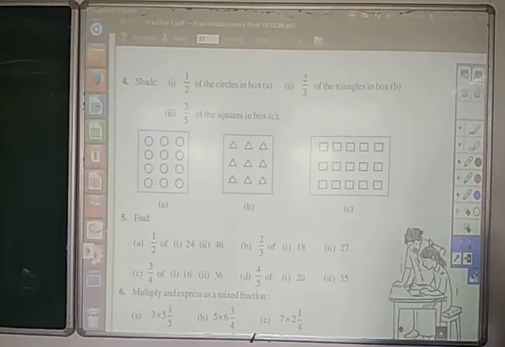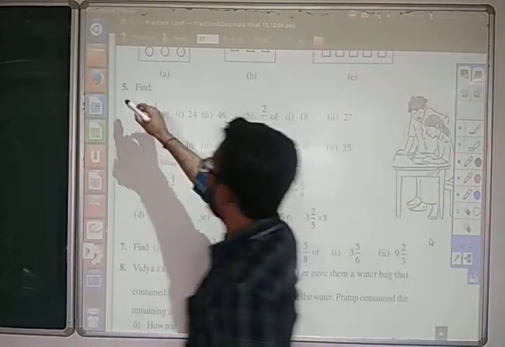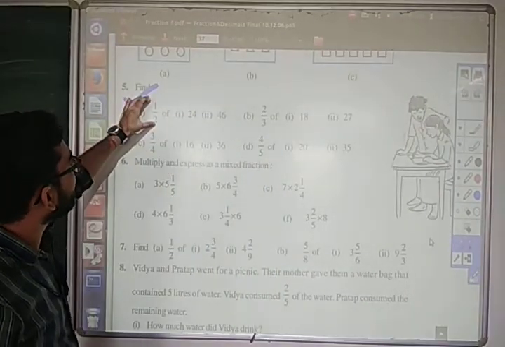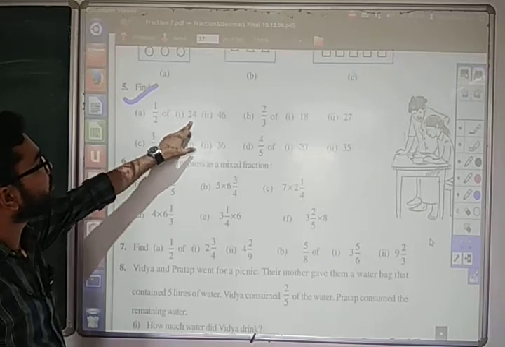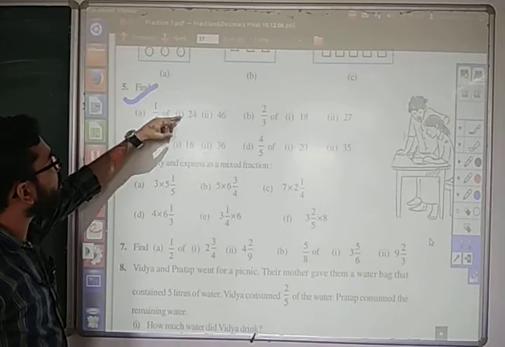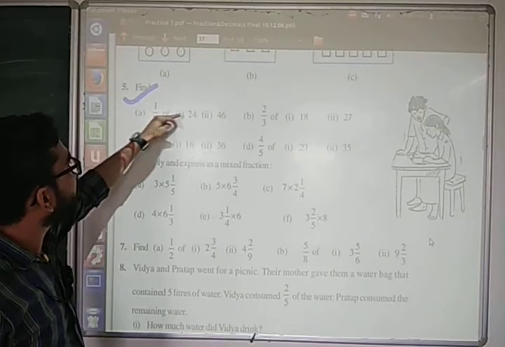Here in question number 5, you need to find 1 upon 2 of 24 in the first question, and in the second question, 1 upon 2 of 46. First we will find 1 upon 2 of 24.